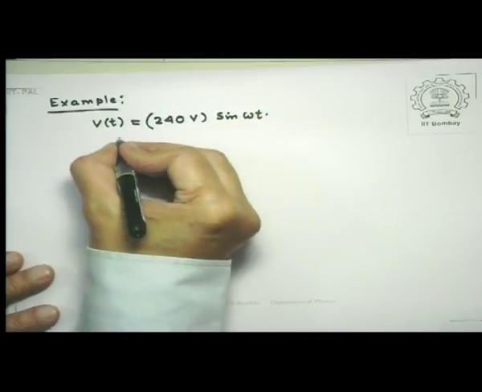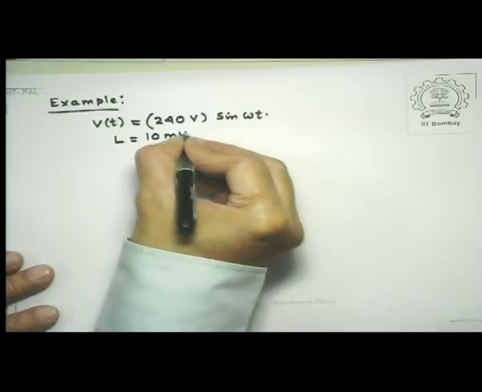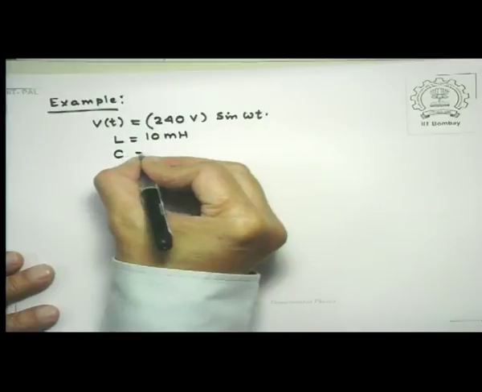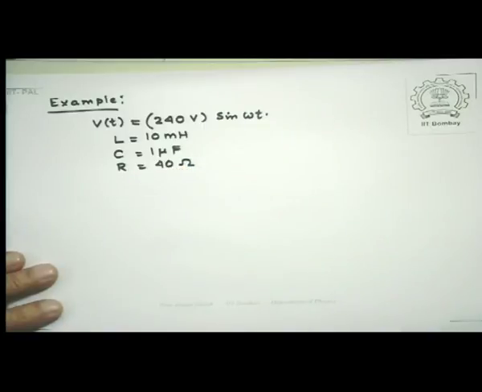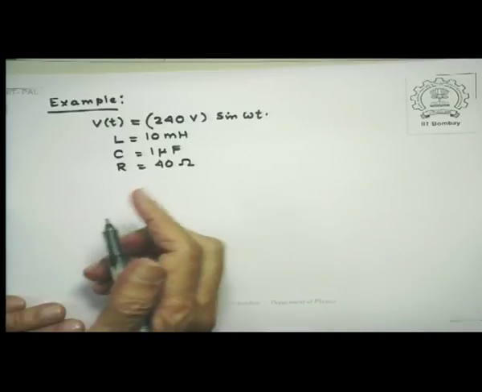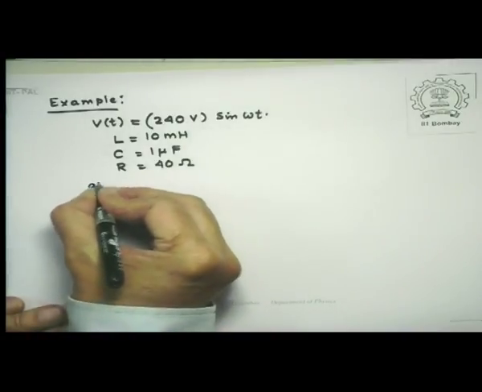I have been given L is equal to 10 millihenry, C is equal to 1 microfarad, and R is equal to 40 ohms. So let us find various data connected with this problem. First, let's look at what the resonance frequency is.